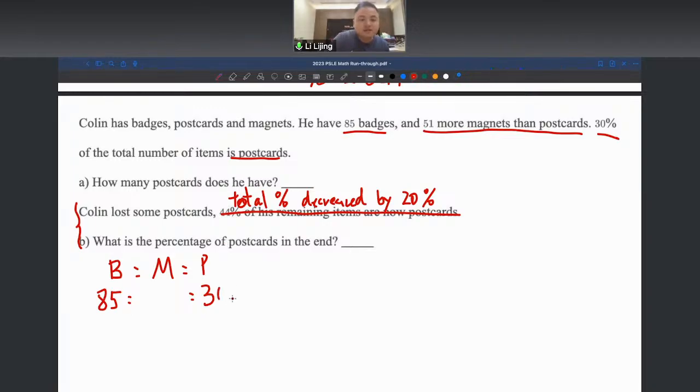Postcard is 30U. And we know that magnet is 51 more than postcard. So for magnet, it's just 30U plus 51.